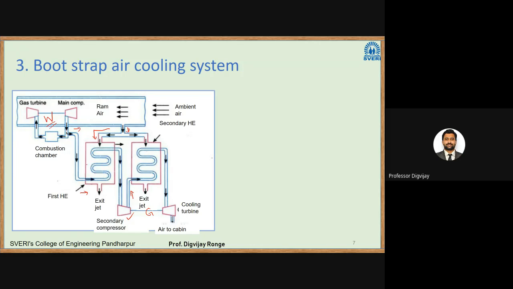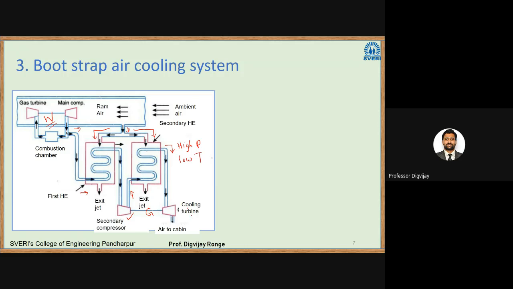So first it was passed to the first heat exchanger, and then to the secondary heat exchanger. Again, this air is cooled with the help of ram air. Ram air is used in both the first and second heat exchangers. Thus we get high pressure, low temperature air. Then this air is passed through the cooling turbine.